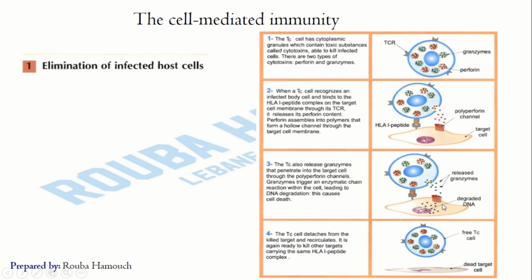They activate several enzymes in the cytoplasm of the target cell in order to degrade the DNA of this latter. Now the target cell is dead, and the TC cells are free, ready now to kill other target cells having the same HLA class I peptide complex.